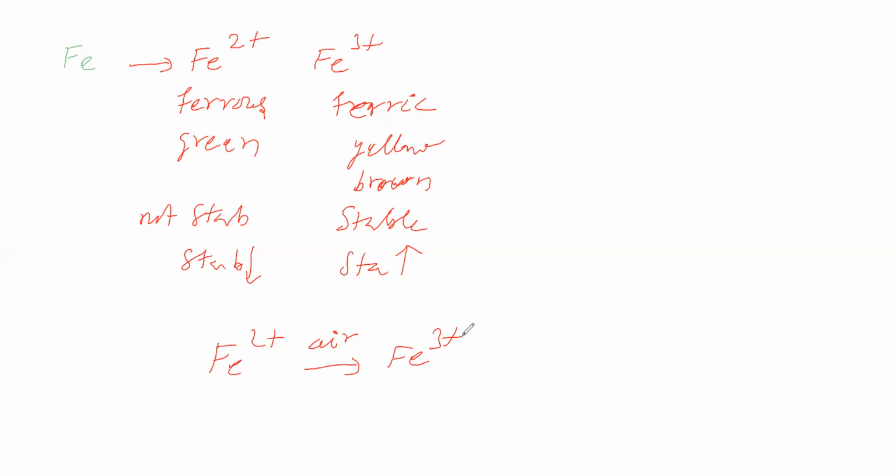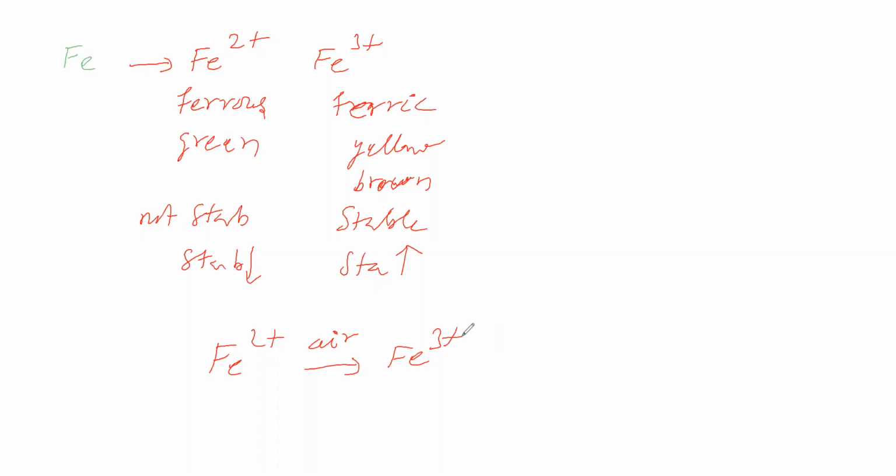You do the salt analysis. After three hours, when the practical is over, if you see the watch glass, only yellow or brown color will be there. Within one or two minutes the green will become yellow. So we can say ferric has higher stability and ferrous has lower stability.